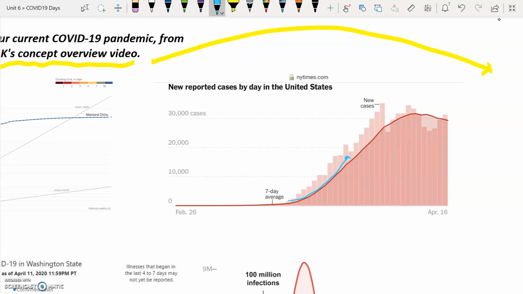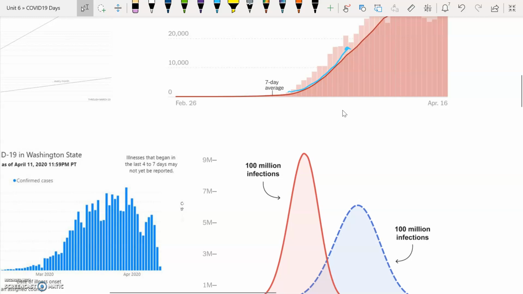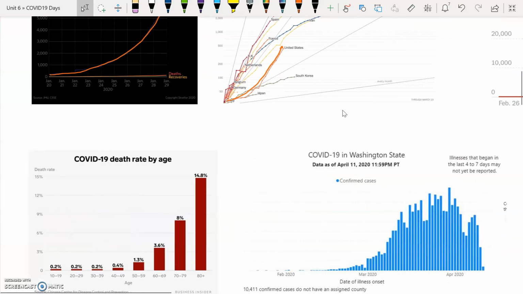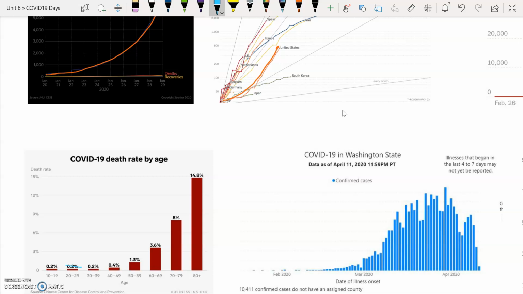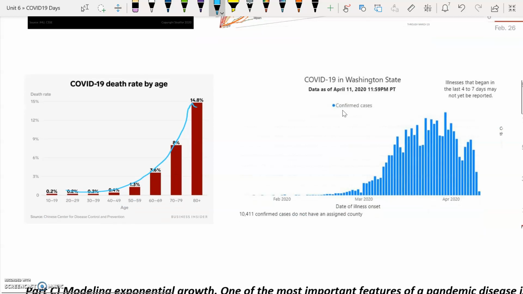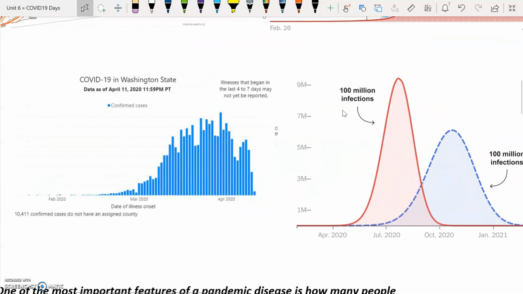The graphs that we're going to look at and that we're going to model using equations aren't going to include the flattening part. There's some more advanced mathematics in there. We're going to look at the increasing steepness, but we're also going to look at the decreasing steepness. So again, you can see that increasing rate of steepness with this one as age groups go up. And then here is Washington.